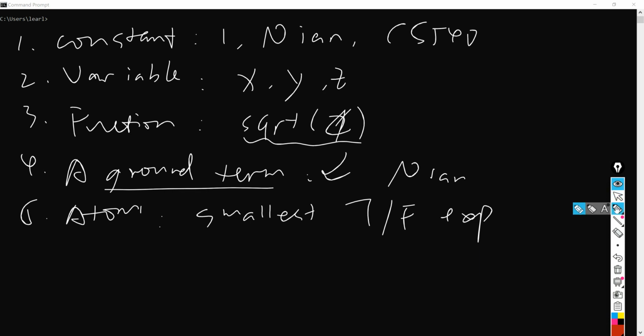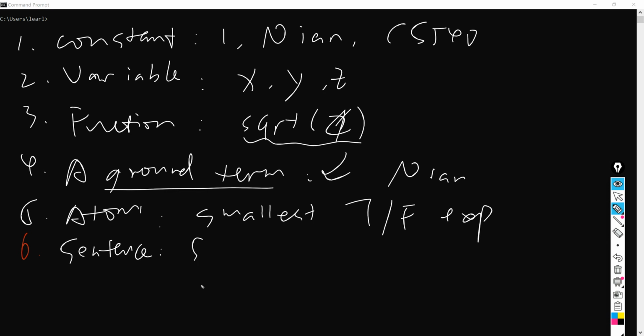The sixth thing is sentence. This is a really common thing that we always see. Now that we mentioned atoms, a sentence is just connecting a lot of atoms together to form a sentence.